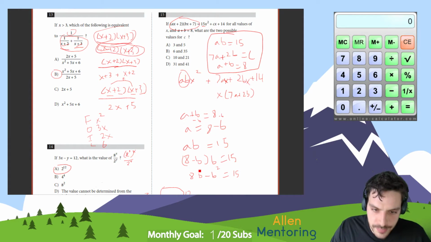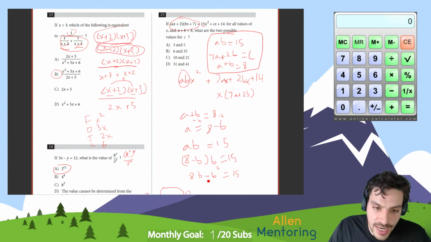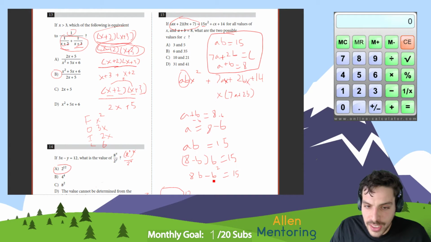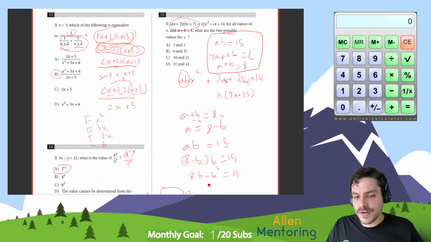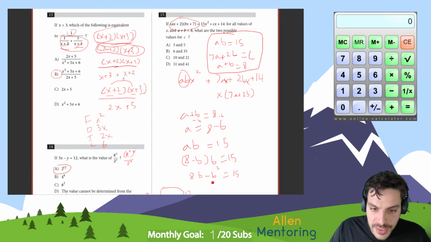So far, so good. Well, now this is actually enough for us to solve for b. We have a quadratic equation here. We should be able to solve for b without too much problem. So how do you solve a trinomial like this? It's a very popular form, and you should be used to this. But the way that you want to solve this is you want to have your exponent be positive. So I'm going to bring b to this side.